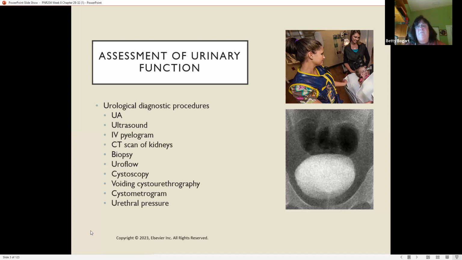We're looking at the flow. We're going to look at inside with a scope. And then one of the things we do in children to look at structural things is a voiding cystourethrogram. And what they do, it's an outpatient procedure under x-ray where they put a Foley catheter in and they put dye in and then clamp it.